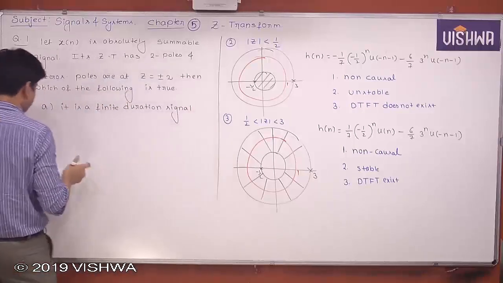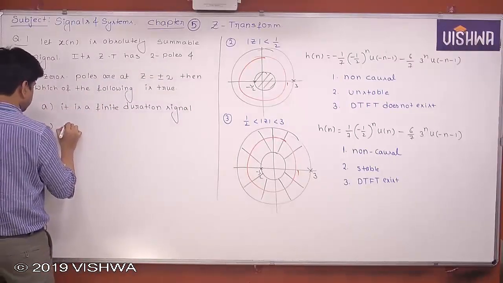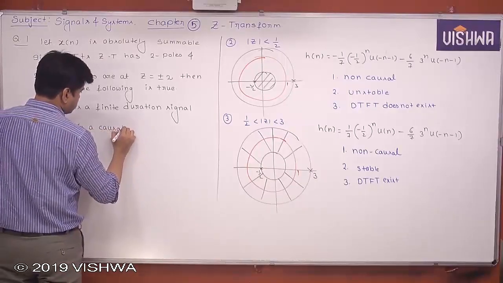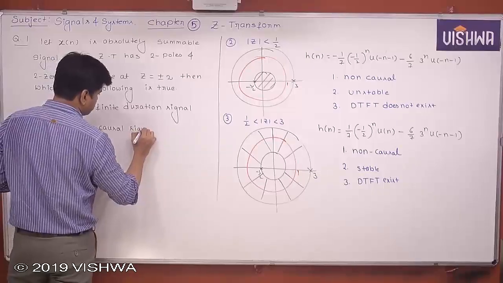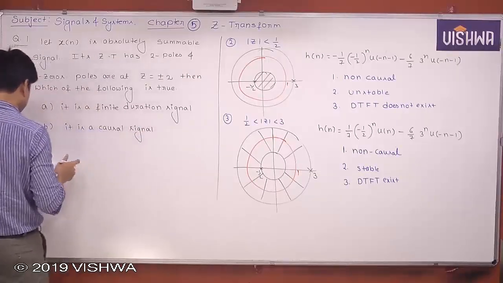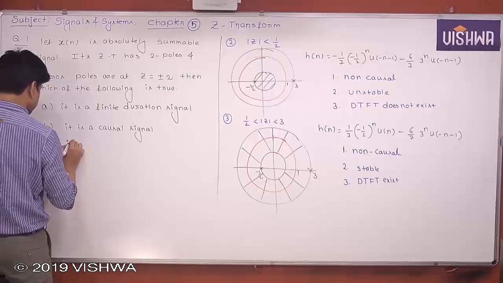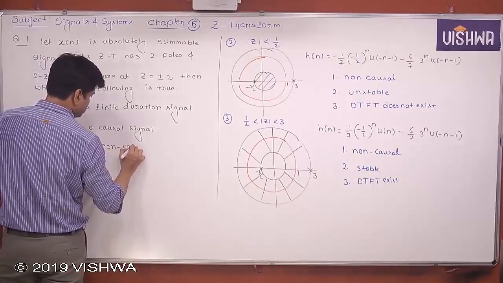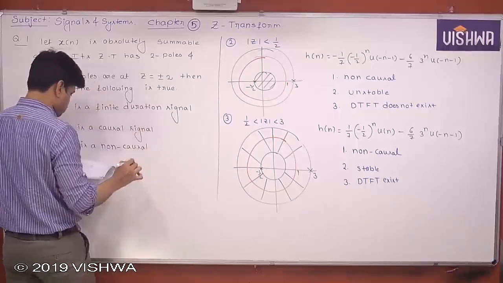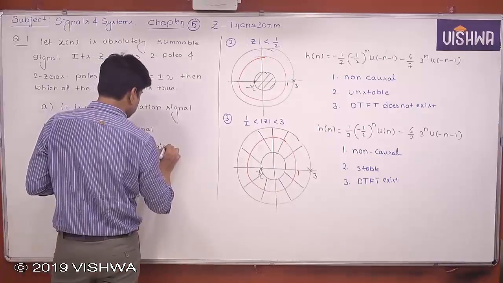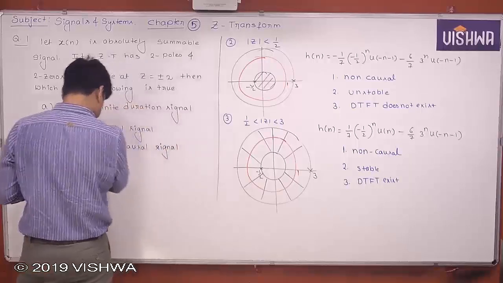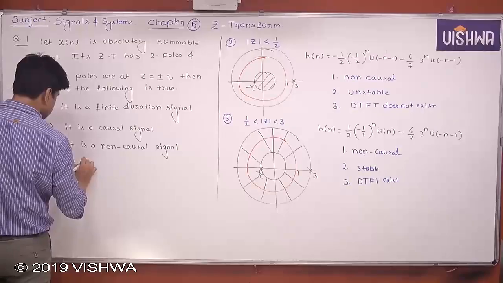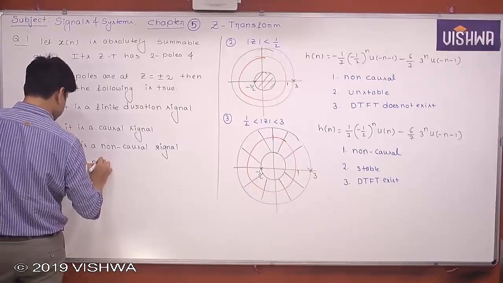Option B, it is a causal signal. Option C, it is a non-causal signal. Option D, it is a periodic signal.